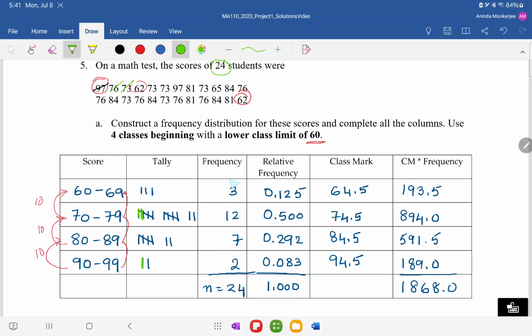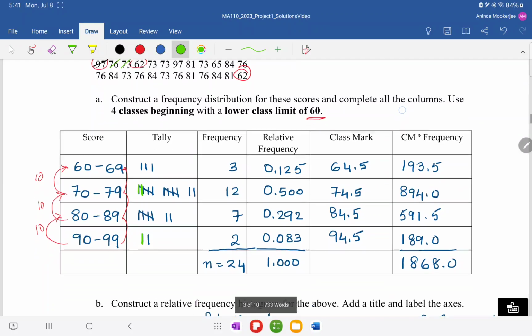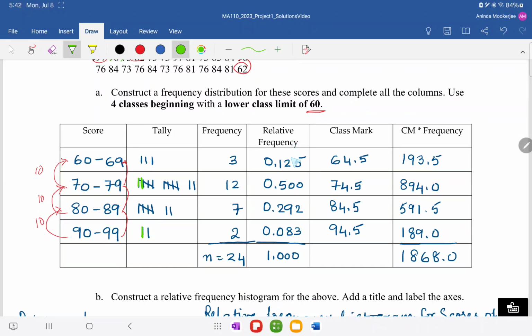in your frequencies. And then the next column has relative frequency. Now, relative frequency uses the formula F over N, right? That's the formula for the relative frequency. It tells us the proportion of values in each interval. So F is the frequency value, correct?